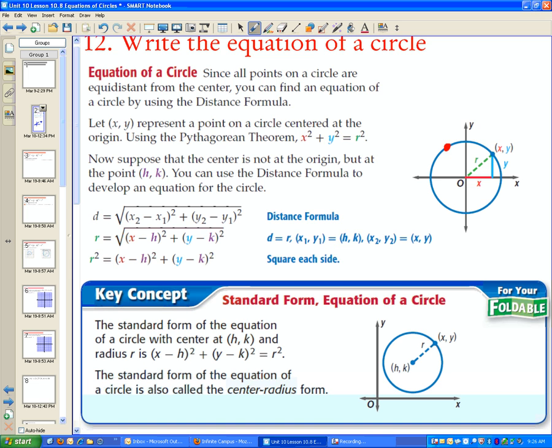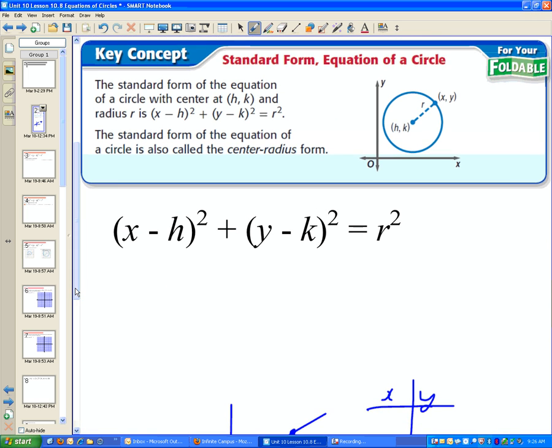Okay? So, here is standard form for an equation of a circle. If the center of the circle is called (h, k) and the radius is called r, then the standard form for an equation of a circle is (x minus h) quantity squared plus (y minus k) quantity squared equals r squared.